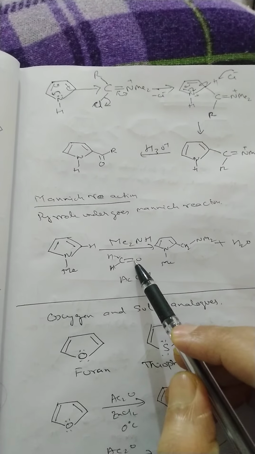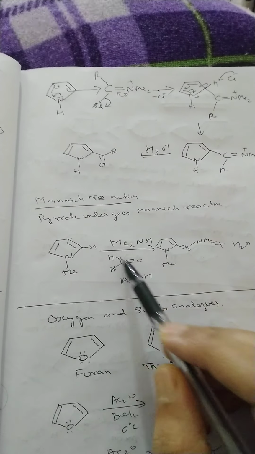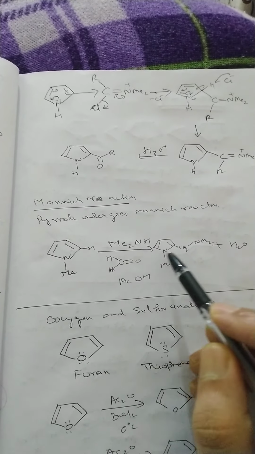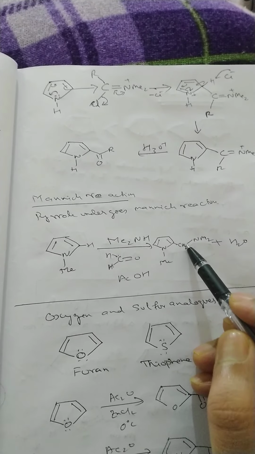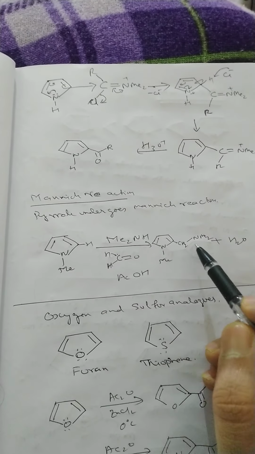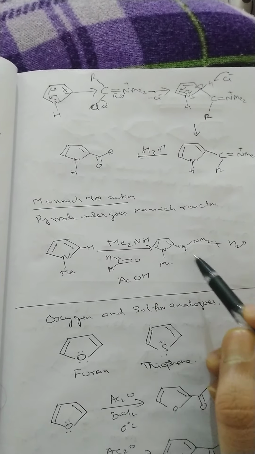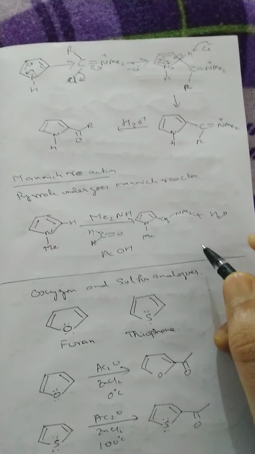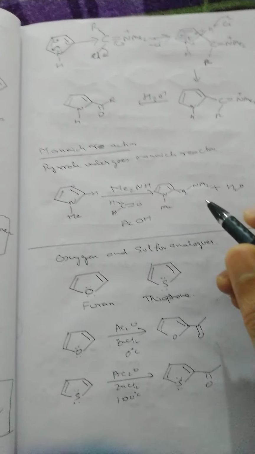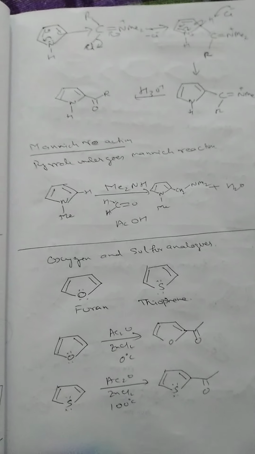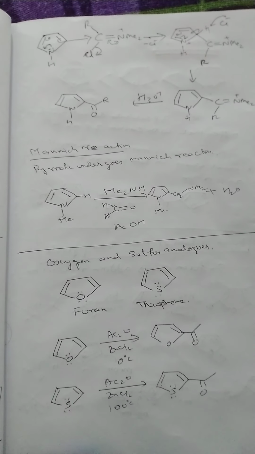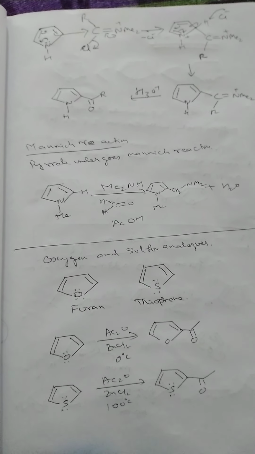H2O is lost, okay? So this CH2 goes in between, that hydrogen is gone, and NMe2 is joined. This Mannich reaction, we have done the mechanism previously, we don't need it.